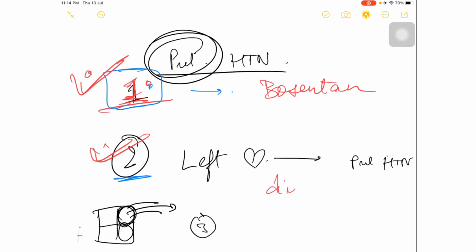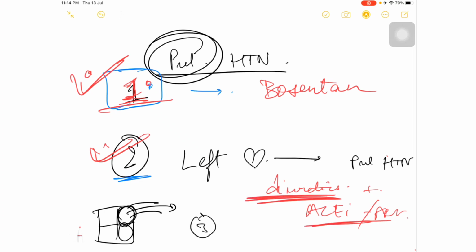So you want to give diuretics to remove that load, plus you can give ACE inhibitors or ARBs. In some patients you can also give beta blockers, but always stick to diuretics and ACE inhibitors. Clear everyone?